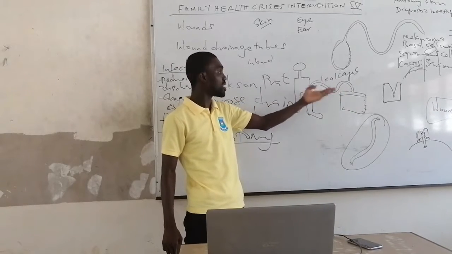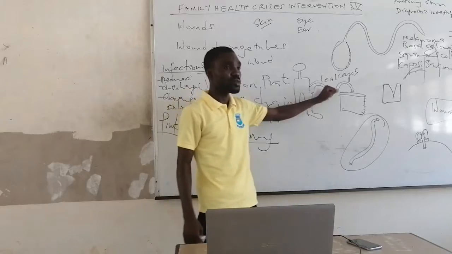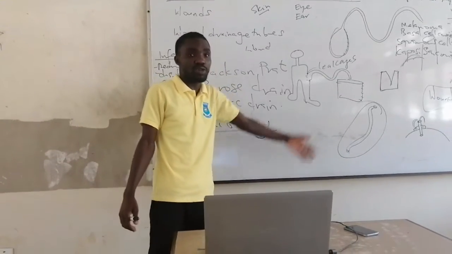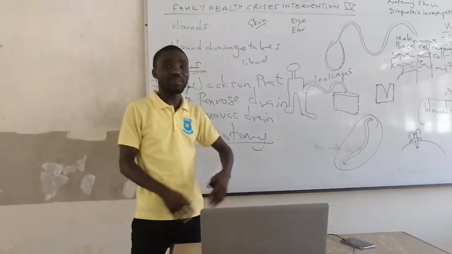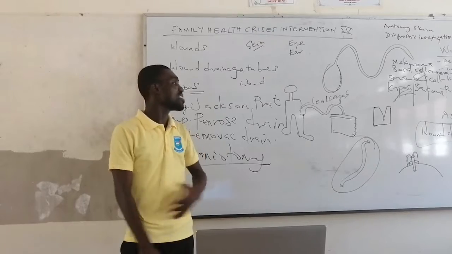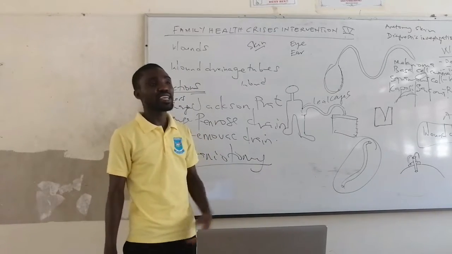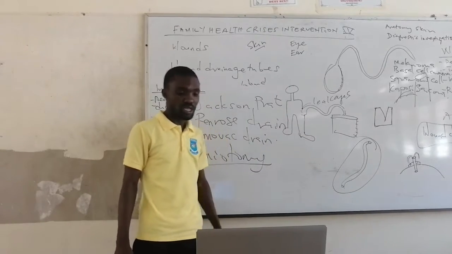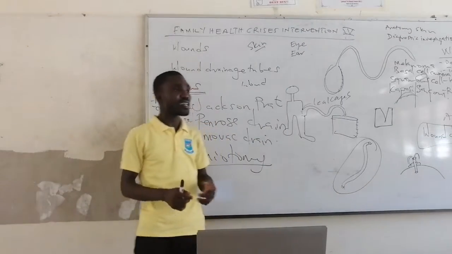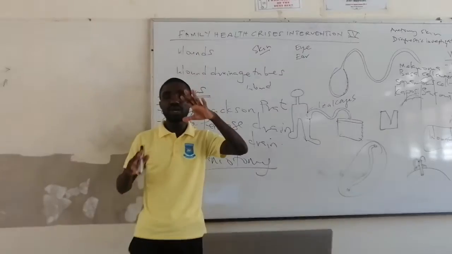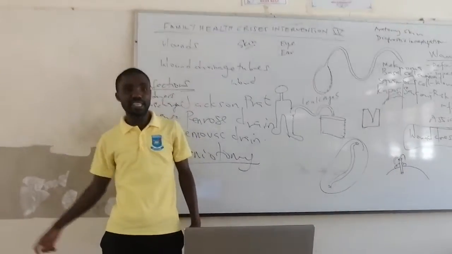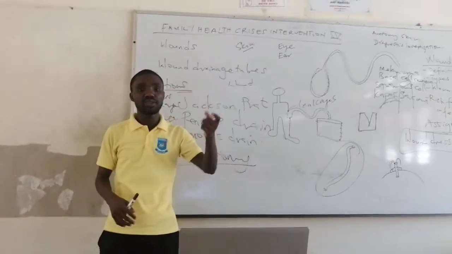And then ensure that the patient is not lying on the tube, because it's possible that the patient can lie on the tube, because at times it's even possible that somebody wakes up in the morning and you slept on your arm, right? Yes, so it's possible that the patient can lie on the tube. So make sure the patient is not lying on the tube. And the tube can also be blocked, right? Just like an infusion, when you are giving an infusion and then the giving set sometimes becomes blocked, right?